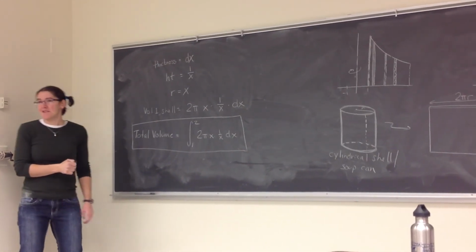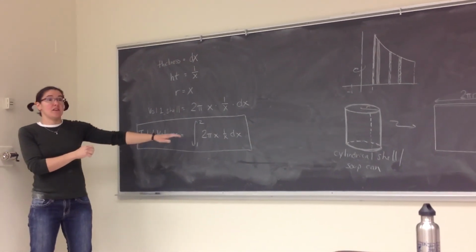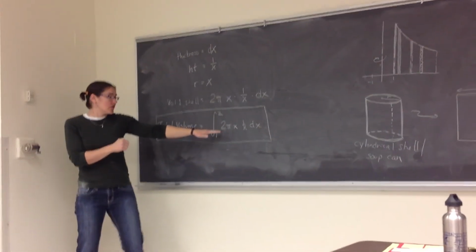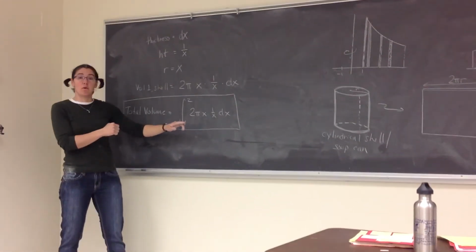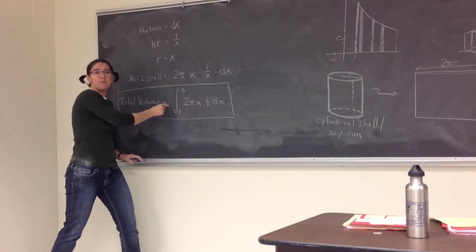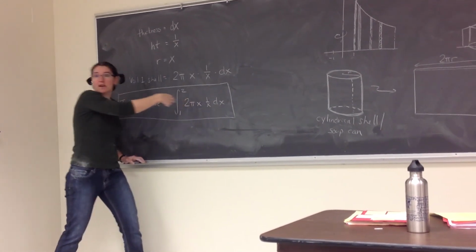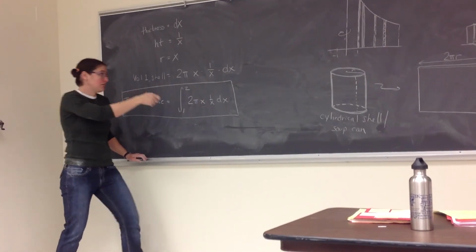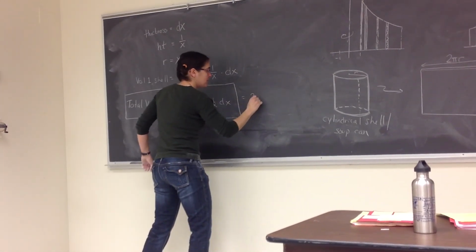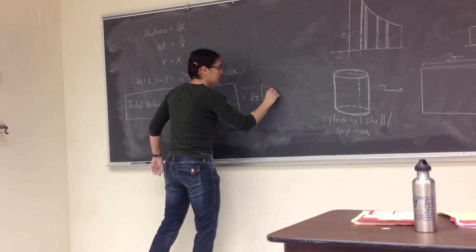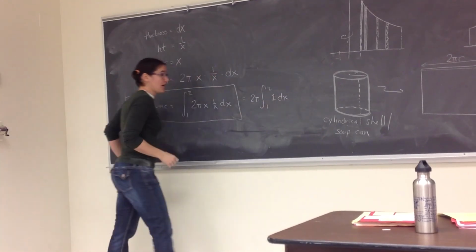And if I was super excited about this, and I kind of am, then I might go ahead and solve it. So to solve this integral, step number 1, I'm going to pull the 2 pi out in front, and then I'm going to clean up x times 1 over x, which simplifies to a 1. So I've got 2 pi times the integral from 1 to 2 of 1 dx.